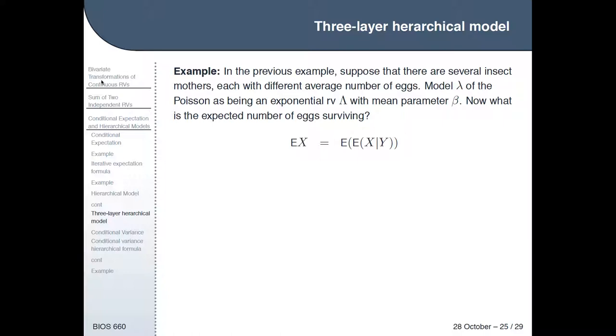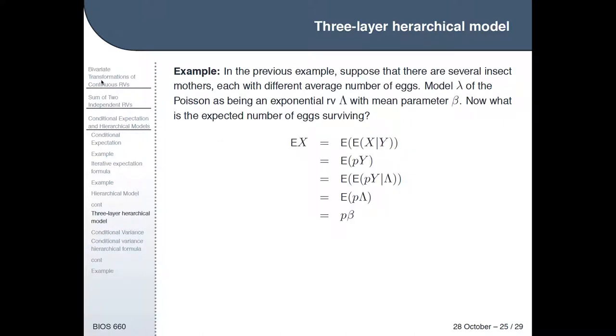The expected value of x is the expected value of the expected value of x given y, which is the expected value of p times y, which, to find the expected value of y, that's the expected value of p times y given lambda, which is then the expected value of p times lambda, and the expected value of lambda is, in this case, has mean parameter beta, so we end up with the expected value being p times beta.